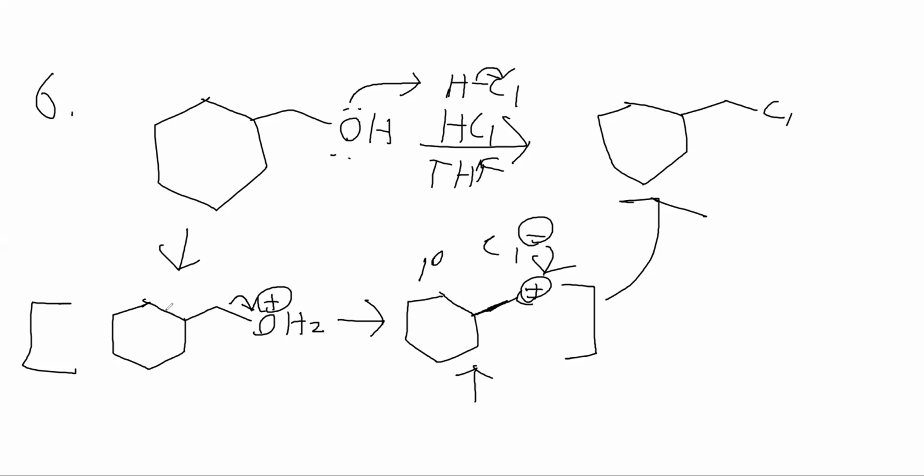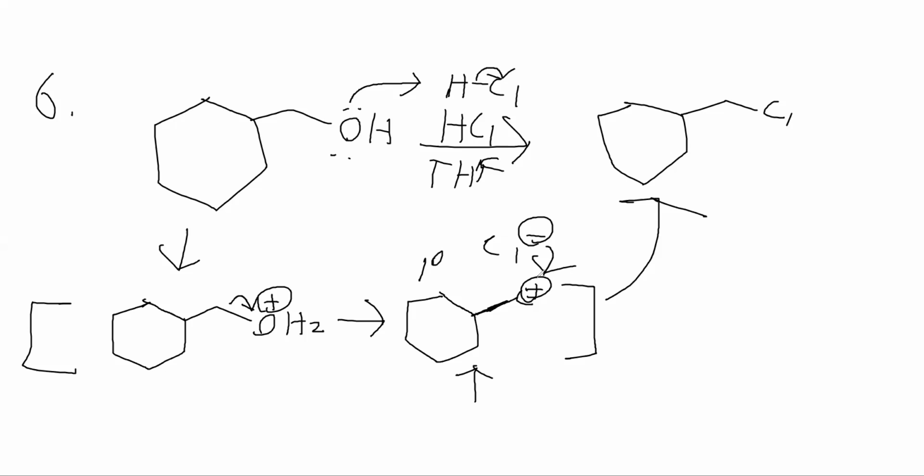If the alcohol was instead here, then we'd get a tertiary cation. And then the reaction would probably go pretty quickly because the tertiary cation would form pretty quickly. There is a potential for a hydride shift towards that tertiary position, but this leaving group probably wouldn't leave to form the cation very quickly, so it would still be relatively slow.